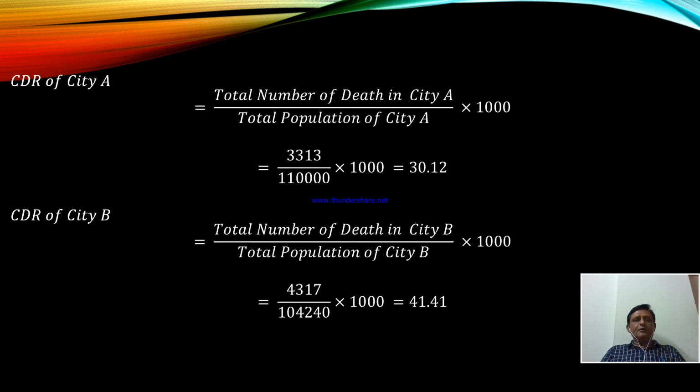Right? So as per these calculations, we found 30.12 deaths in city A compared to B, which has 41.41 deaths per 1000 people. So death wise, city A is healthier than B, as it has the fewest deaths.